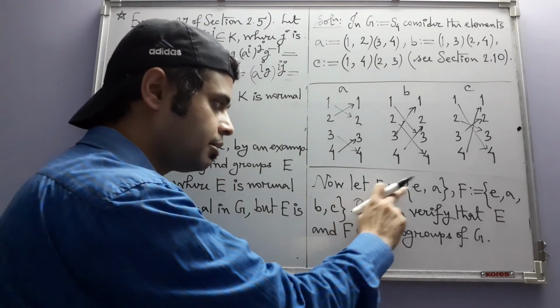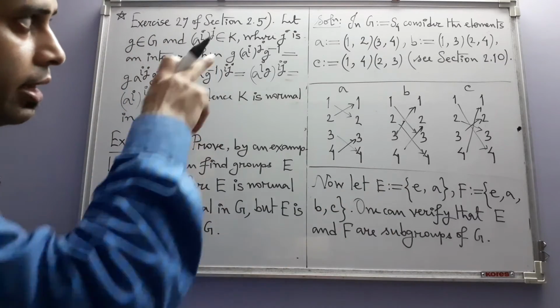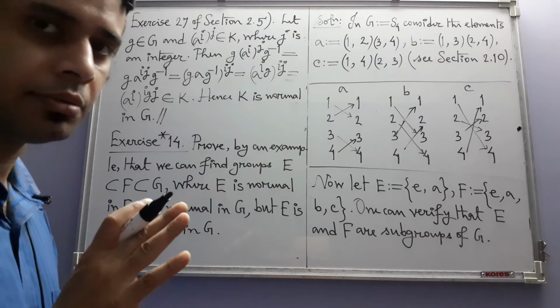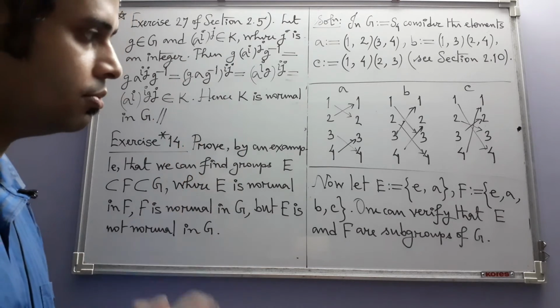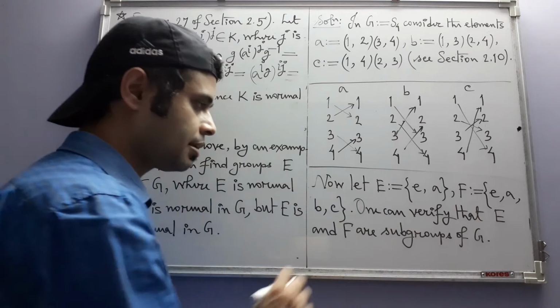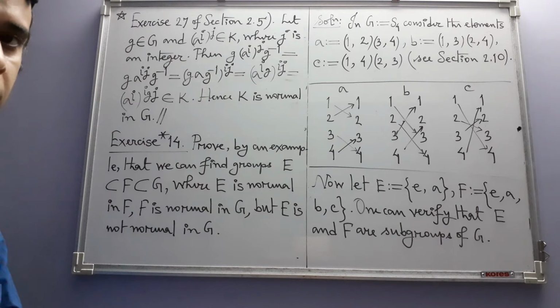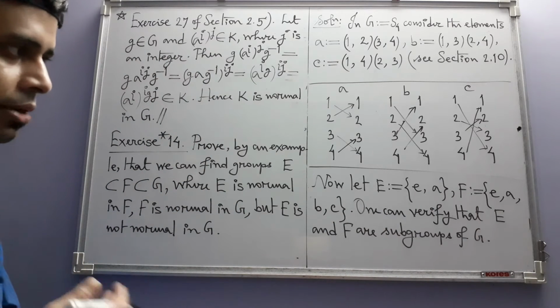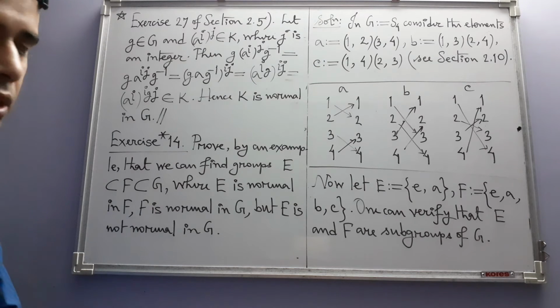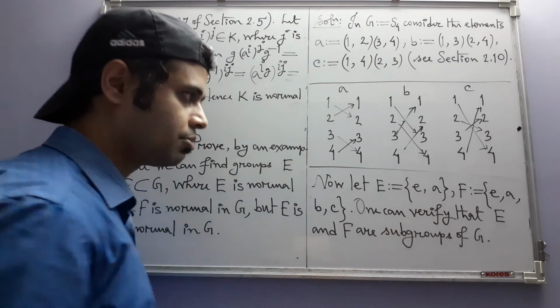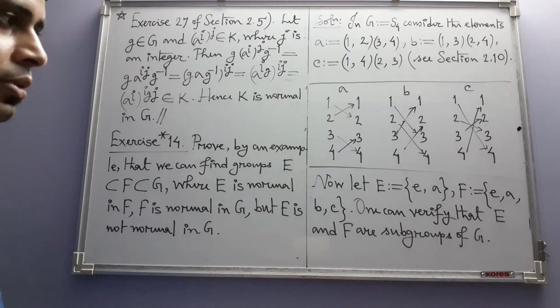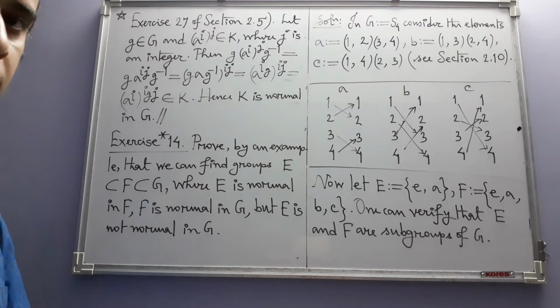So E is nothing but the cyclic subgroup in S4 generated by the element A, whose order is 2. To see that F is a subgroup, you just have to calculate all the possible products and see whether F is closed with respect to them.